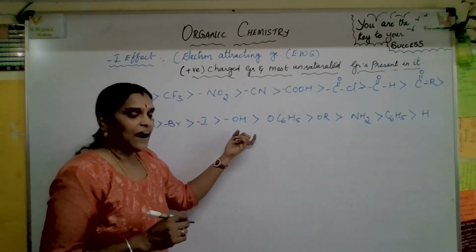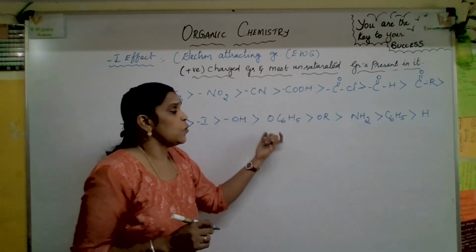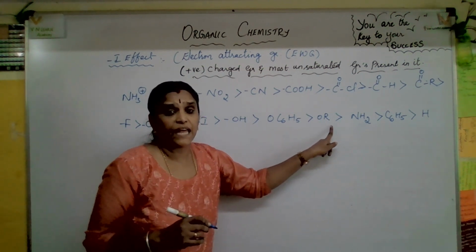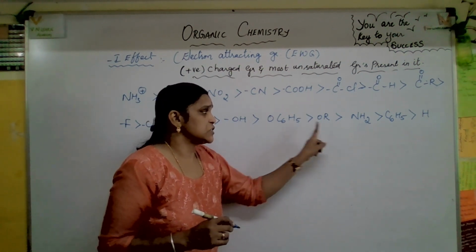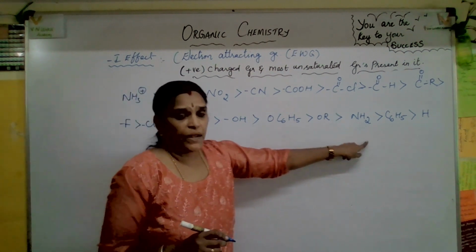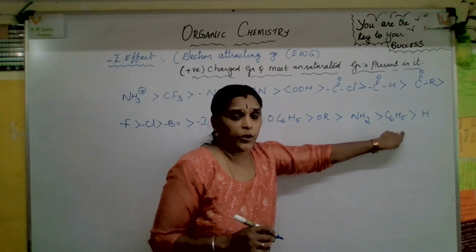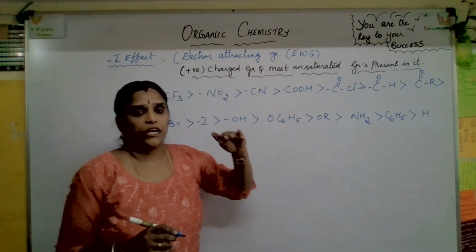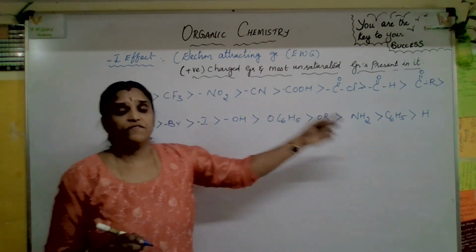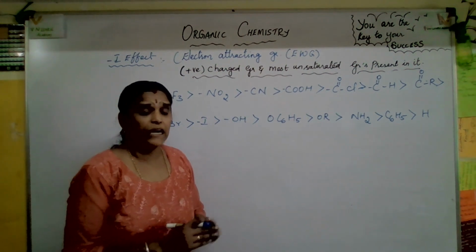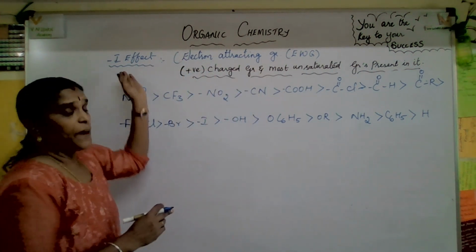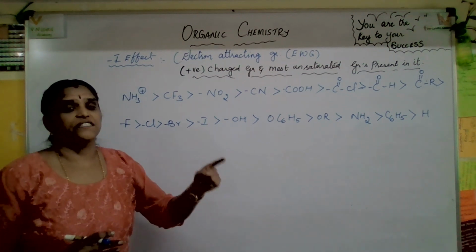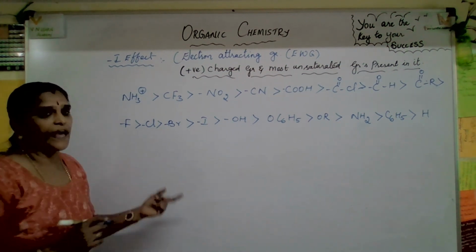Then alcohol, OC6H5 and OR, where R means methyl. Then amino group, phenyl group, and hydrogen. So hydrogen has the least inductive effect. Hope you are clear with minus I effect and its decreasing order. Now we are going to see examples of plus I effect.